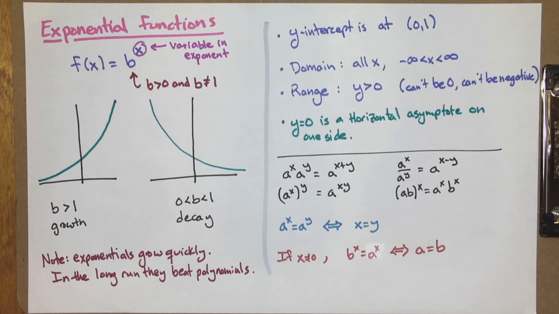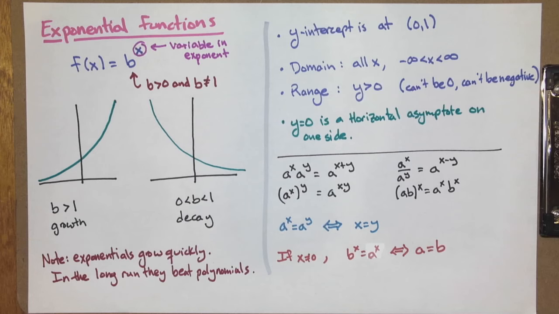Well, 1 is not a very interesting situation. If I say, well, let's look at the function 1 to the power x, what does that function look like? What's 1 to a number, 1 to a power? It's 1. So 1 to the x is a flat line. That's not very interesting. So we'll assume b is not 1.